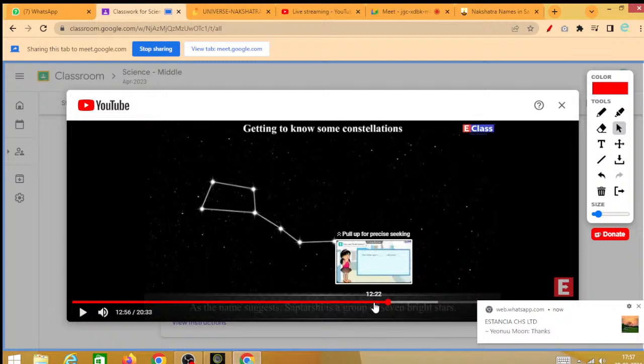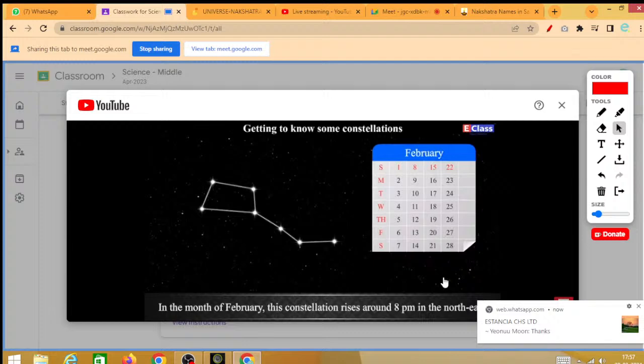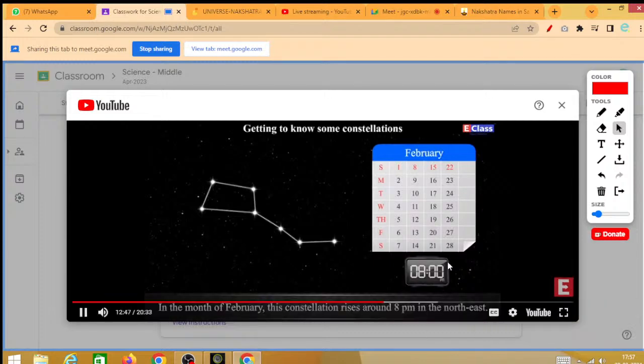Then during summer, you noted down or no? In the month of February, this constellation rises around 8 p.m. in the northeast. It is on the meridian in the month of April.